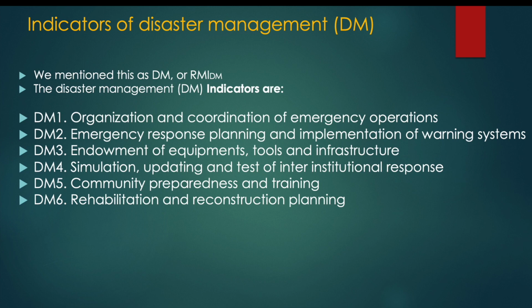Then our next component is the indicator of disaster management, DM, and here we can say that disaster management should provide appropriate response and recovery post disaster, and depends on the level of preparation and operational institutions and the community.